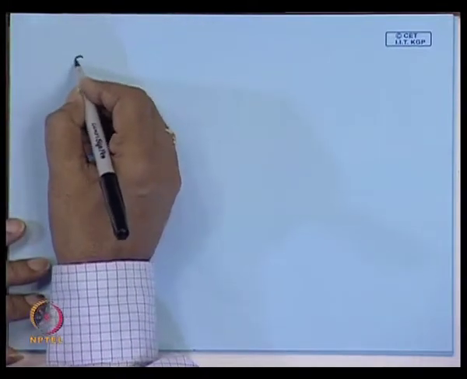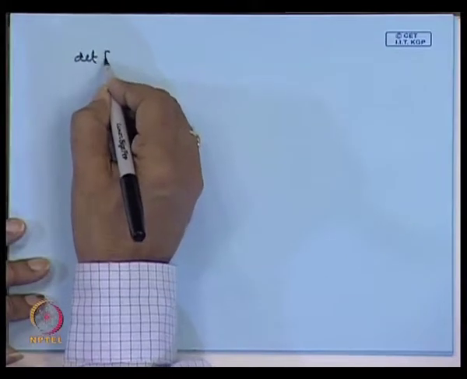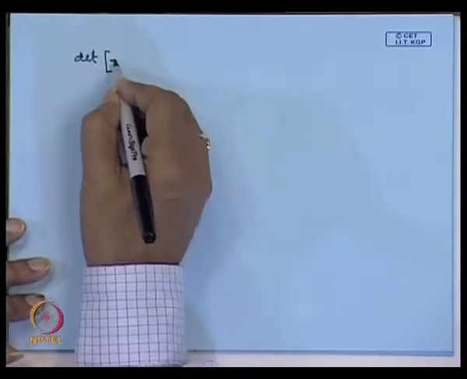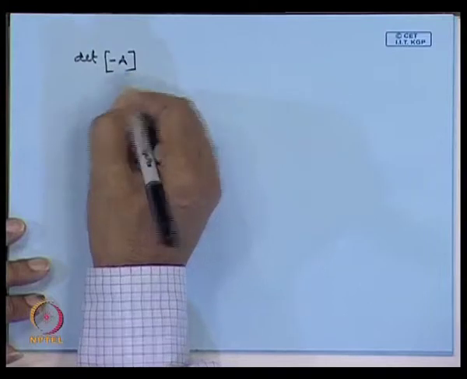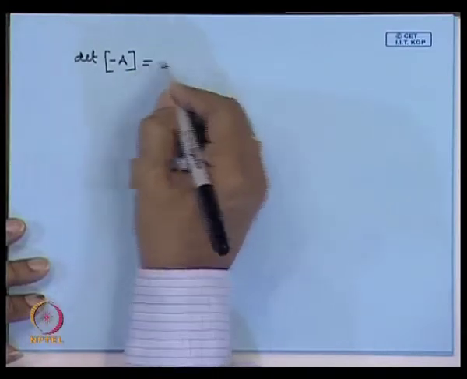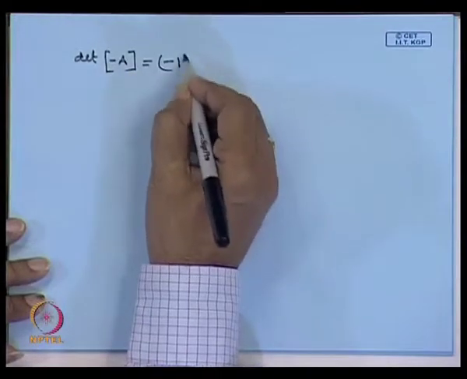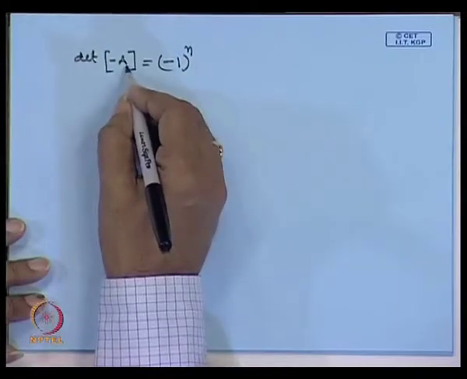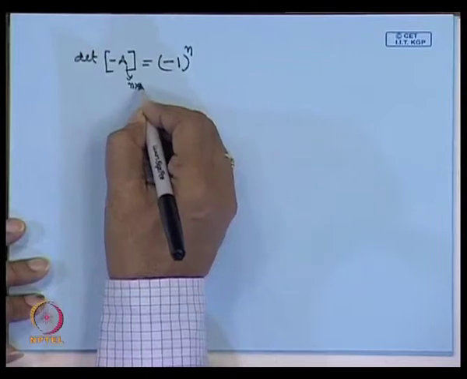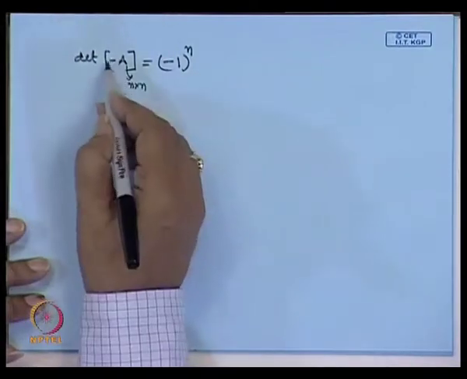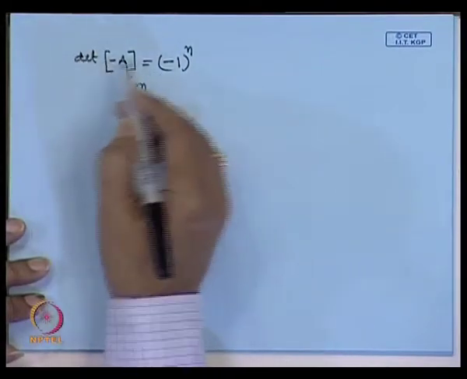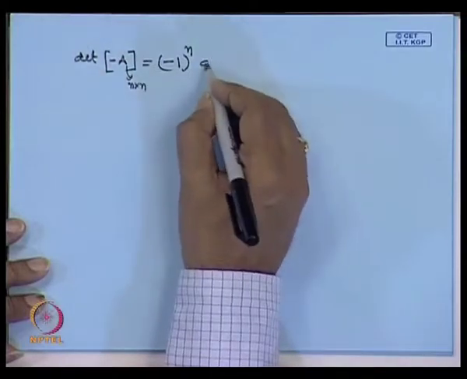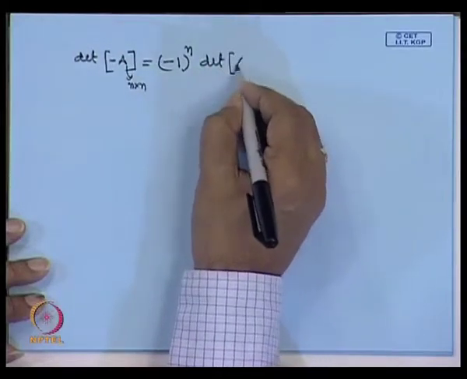Note these results I am using: the determinant of minus A is equal to minus 1 whole to the power n times the determinant of A, where n is the dimension of this matrix A. I multiplied by minus 1 and found the determinant.